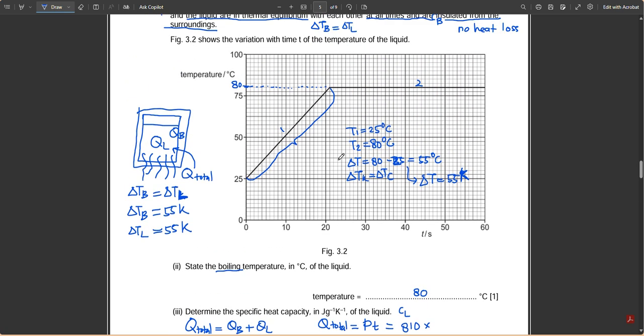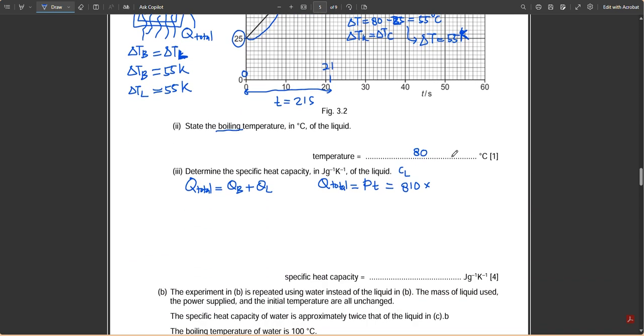The time from 25 until 80, you can see the time is from this one to this one. This is 0, this is 21. So the time is 21 seconds. So 810 times 21, which is roughly 17,000, and it's in joules. Okay, now you have the Q total.